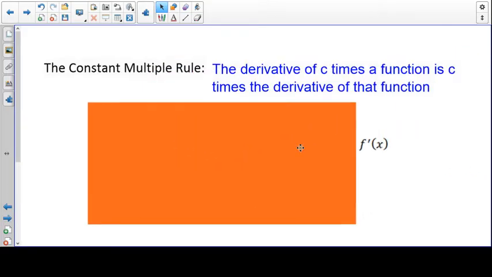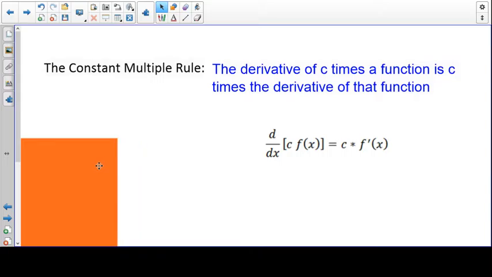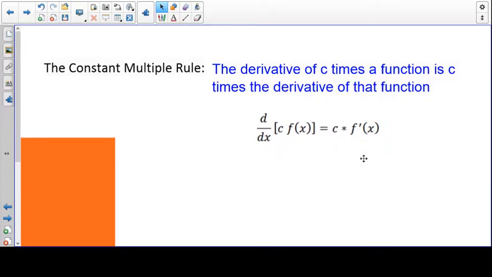Constant multiple rule. That is where the derivative of c times a function is going to be c times the derivative of that function. So what I can do is basically factor out whatever that constant was and then take the derivative of that function. If you notice here, I see f of x and I see f prime of x, or f apostrophe x.